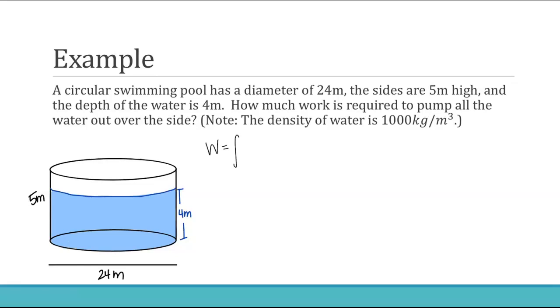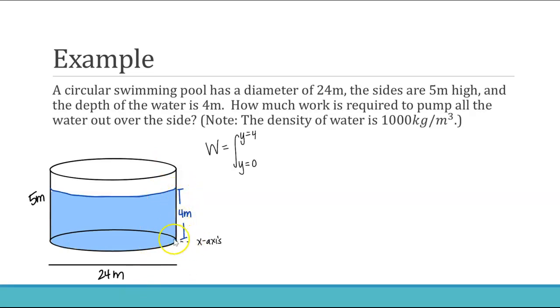So work is going to be the integral from y equals, in this case, if I think about the x-axis as the bottom of the pool, then that means my limits of integration are going to extend from y equals 0 to y equals 4. We only integrate over where the liquid is present.